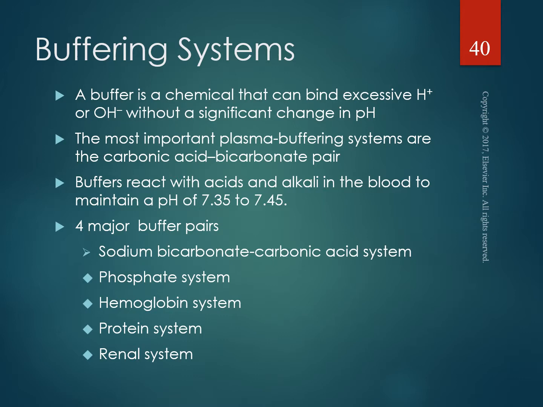Buffers react with the acids and alkali in the blood to maintain a pH of 7.35 to 7.45. Buffering systems act immediately when a change in pH is recognized by the body, but are the weakest of the body's pH control systems. So there are four major buffering pairs.